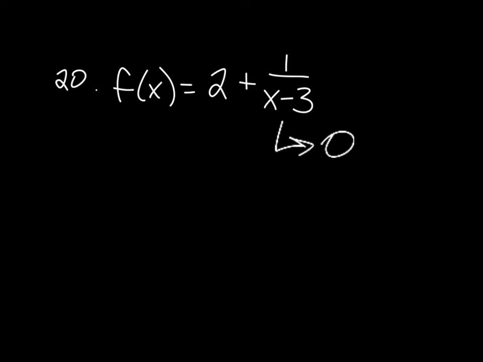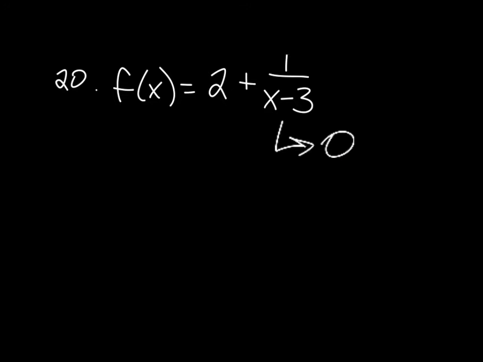Another way to think about that is if you divide 1 by 1,000, and then you divide 1 by 100,000, and you divide 1 by 100 million, you'll keep getting closer and closer to 0.